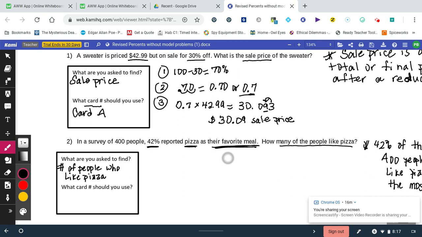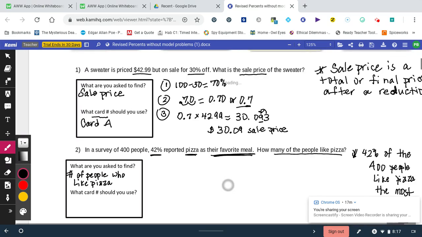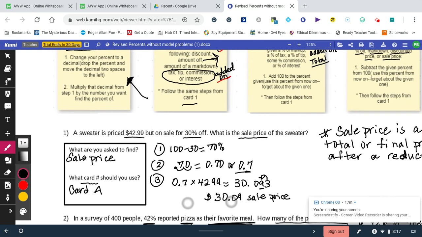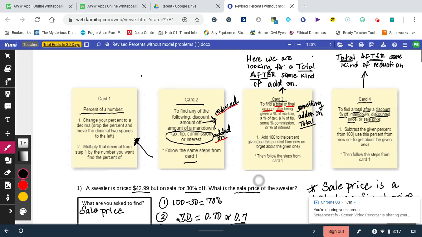No, I don't take 42% off. It didn't say anything about discounting it, so it's not going to be after a reduction. I'm not looking for a total after some add-on. I'm not going to add 100 to 42 to get 142%. Because exactly 42% of people like pizza, no more, no less.